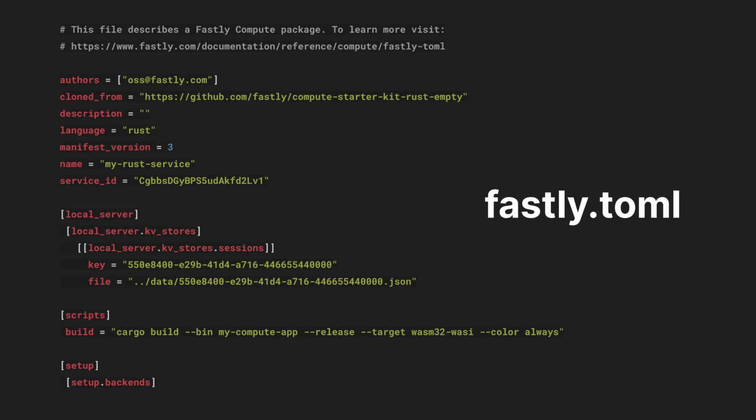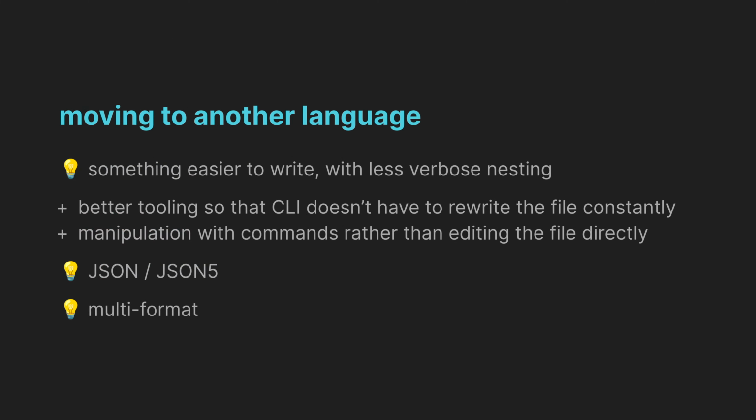Now, as Kieran said, we asked you to provide some input on the future of fastly.toml, and we're going to look at some of the things you've been saying. The most popular request by far has been something along the lines of moving to another language. You've been saying that you'd like something that's easier to write with less verbose nesting than TOML.